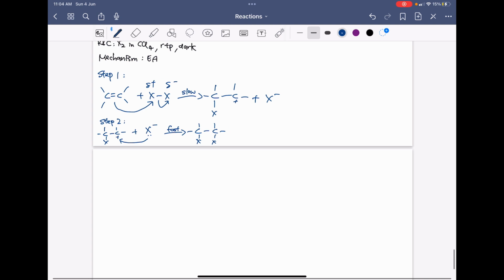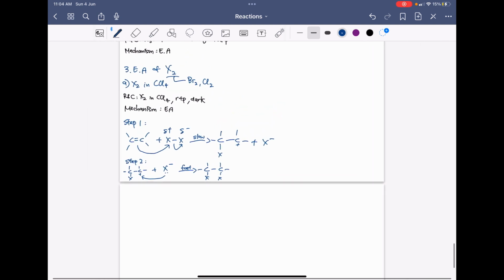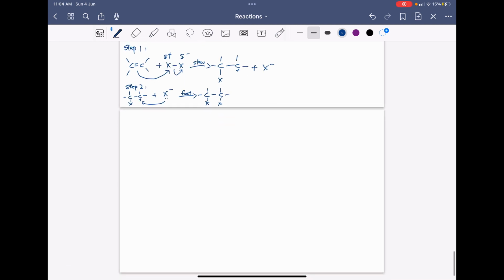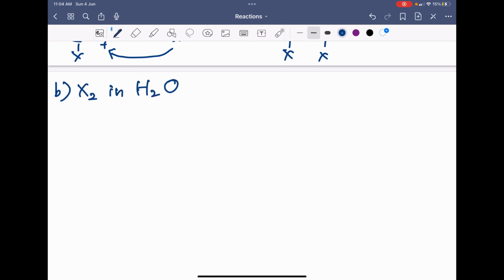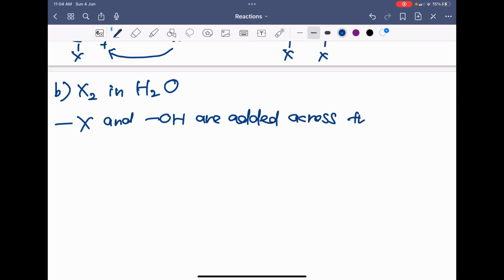And now EA of X. The first one would be in CCl4 and the second one would be in water. So over here, the halogen atom and the OH group are added across the C=C bond.